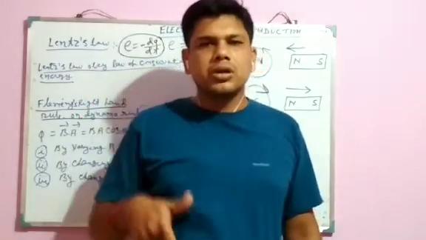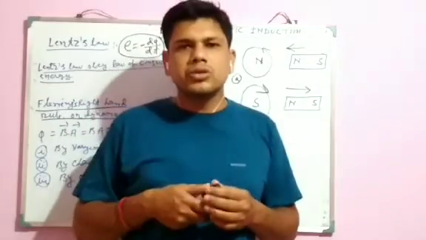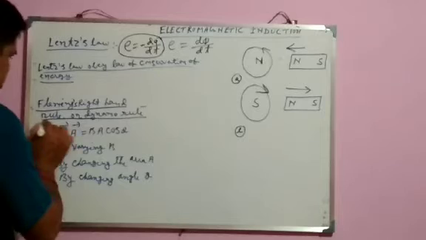This rule is called the dynamo rule or Fleming right hand rule to find the direction of induced EMF or current.